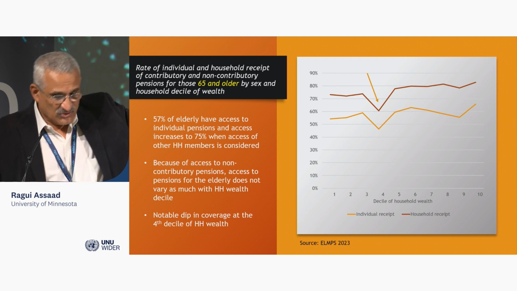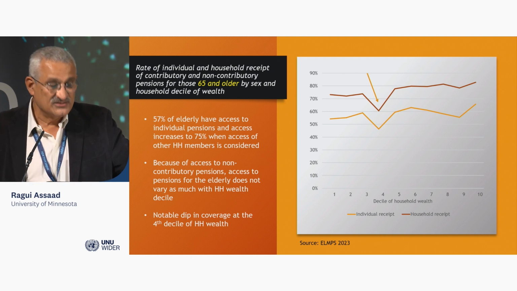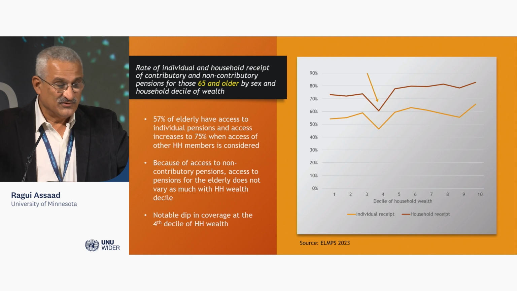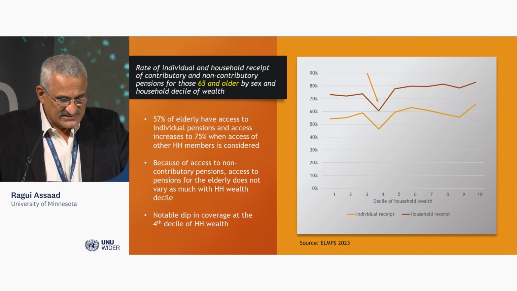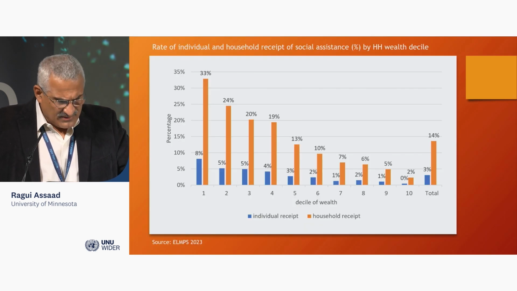Of course, those at the lower end of the distribution are mostly non-contributory. Those at the upper end of the distribution are contributory. And at the 4th decile is where people fall in the middle. They're neither getting this or that. And so you can see that that's where the dip is. Let me skip a bit.